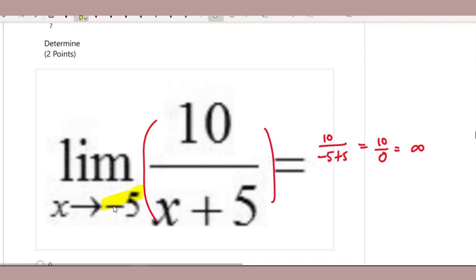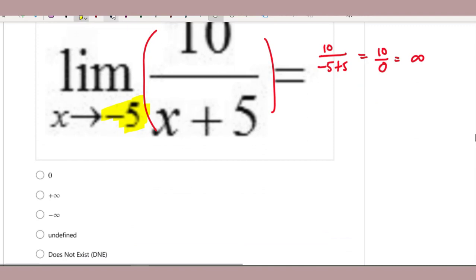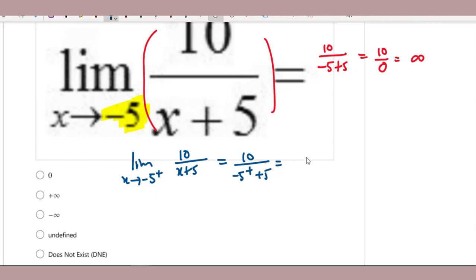Check on the left and on the right, negative 5 from the left or negative 5 from the right. Let's do the limit of 10 over x plus 5 as x approaches negative 5 from the right. Substitute: 10 over 0, confirmed.